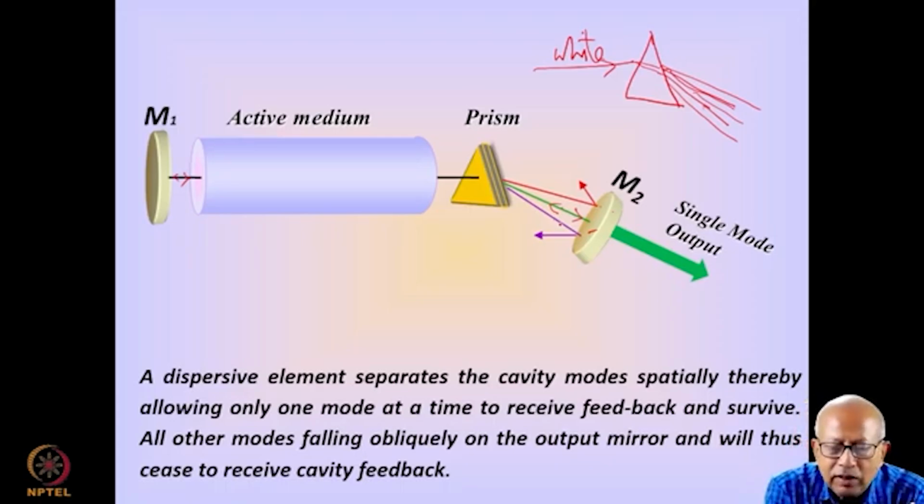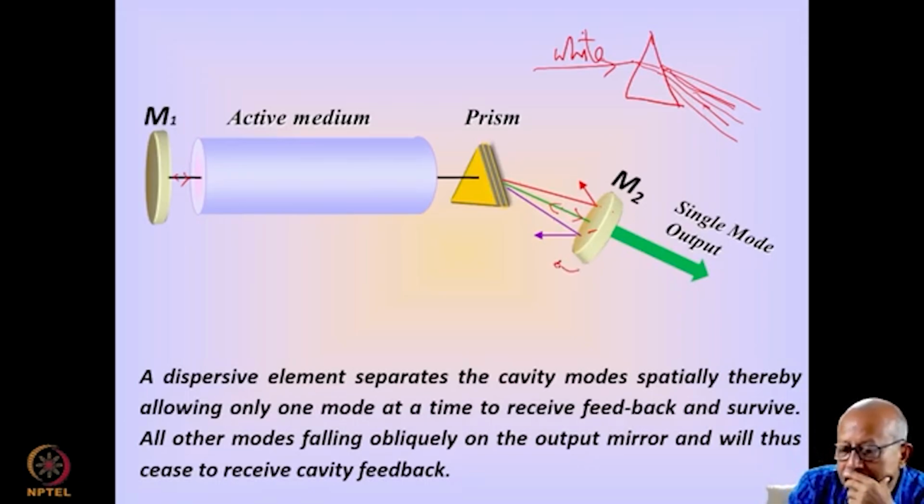So this laser again will give you a single mode laser, but now at no expense of the operating efficiency of the laser. Another advantage is that you can tune the laser. That means you can choose different modes, different wavelength or frequency of the laser, by tuning this mirror. Suppose you tune this mirror in this direction, like this.